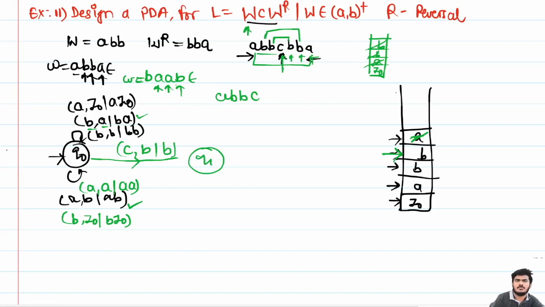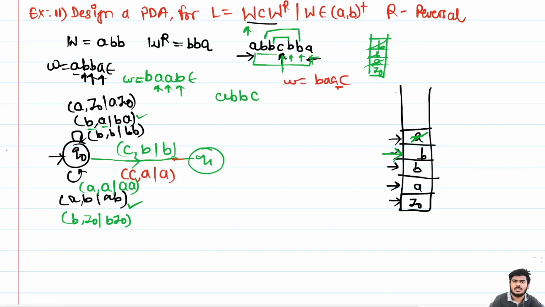But what if when C occurred and suppose my W becomes BAA, in this case my top of the stack is A and suddenly C occurred, then C is the input and top of the stack is A. I will leave that A as it is and I will move to the next state. Okay, so these are the two transitions available to move to the next state.